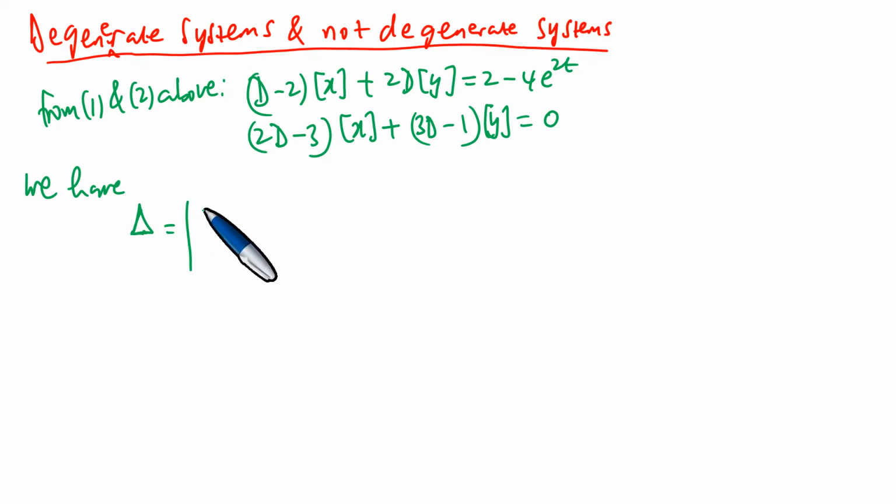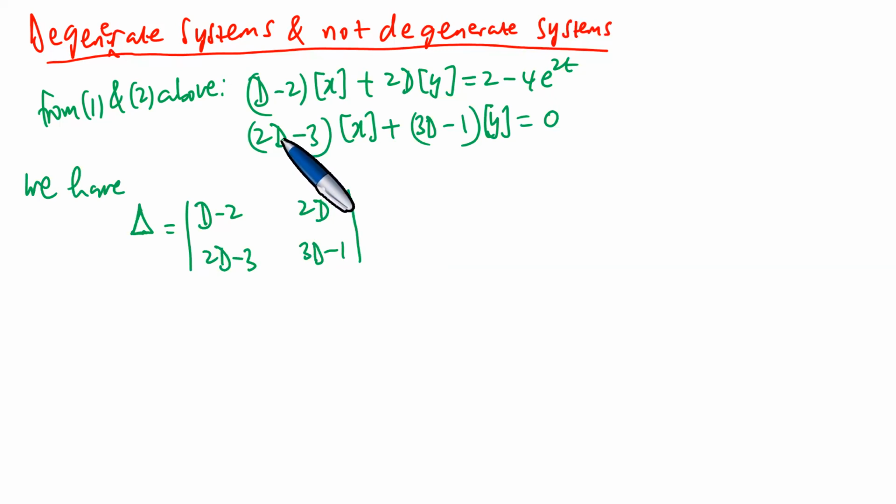Obviously, we use the Greek symbol delta, so that we have D minus 2, then twice D minus 3, then twice D, and then 3D minus 1. We've just taken the coefficients of this and of that, exactly.